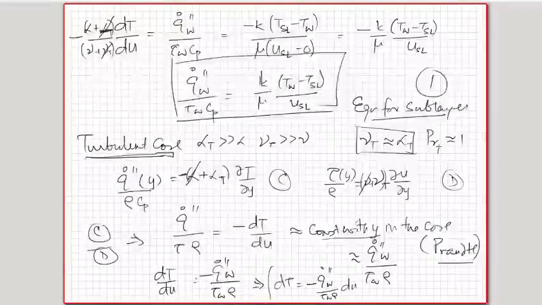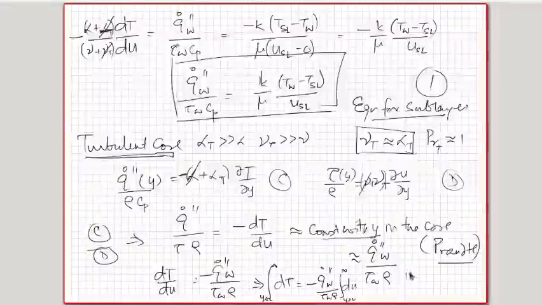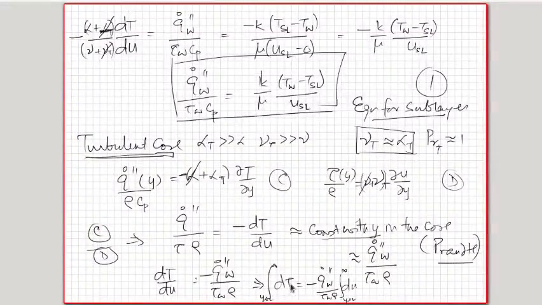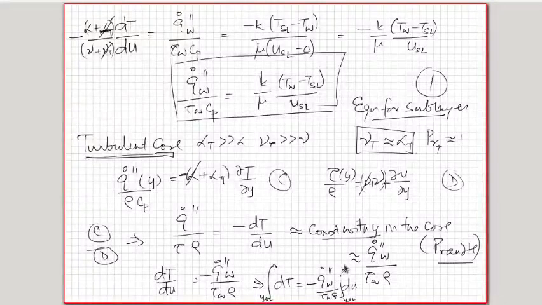Now this I integrate from y SL to infinity, and this I integrate from y SL to infinity. So what do I get here? The temperature at y SL is T SL, and the temperature at infinity is T infinity. So it's T infinity minus T SL, and this will be U infinity minus U SL. That's the expression that I will get.